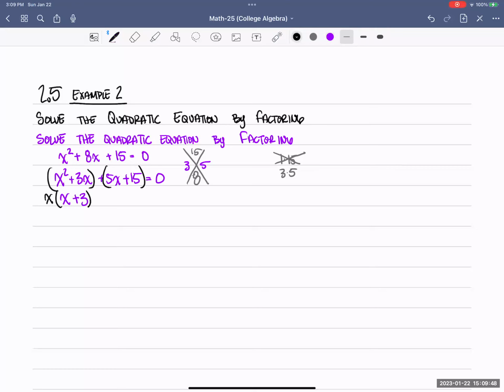Plus, and here it looks like we could factor out a 5 from each of the terms, at most a 5. That leaves us with 5x divided by 5 is going to be x, and 15 divided by 5 is going to be 3.